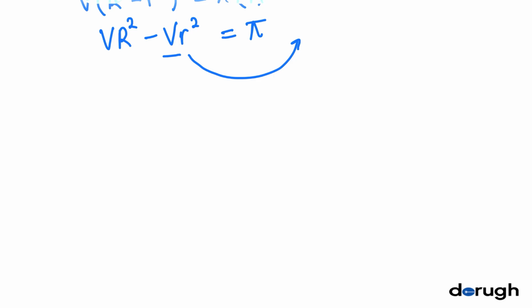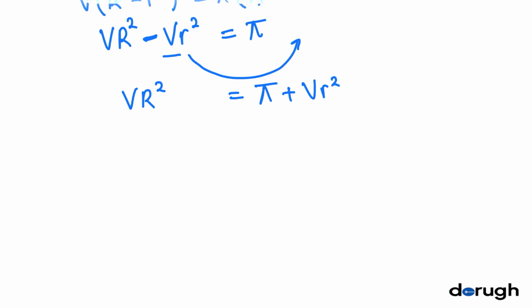And remember, right now it's connected to everything else with a subtraction sign, so when we're moving it, we'll change it to addition. So that gives V Raymond square equals pi, because pi was there first, plus V red square.